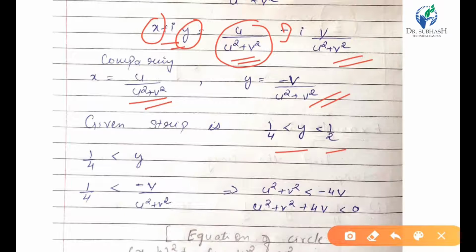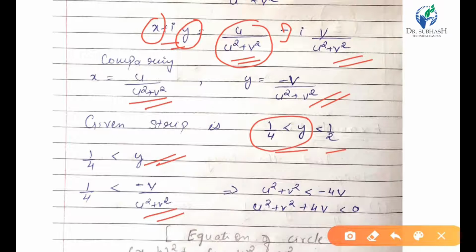See now, first we will take only one portion, 1 upon 4 less than y. We will divide this into two parts, that will be easier for us. Okay. Now what is the value of y? We have obtained here that the value of y is minus v upon (u square plus v square). This we have obtained just now above. Now we will do cross multiplication.